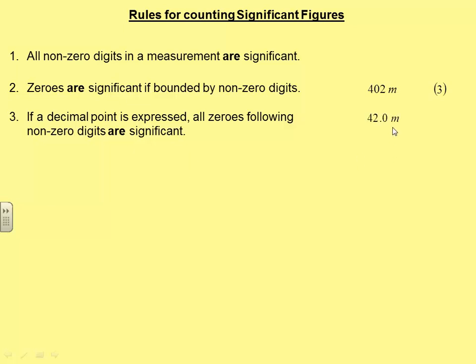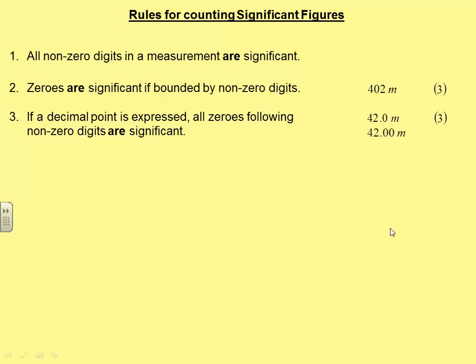So 42.0 meters. Well, obviously the 4 and the 2 count because they're not zeros. So does this 0 count? Well, according to this rule, there is a decimal point, and this 0 follows the last non-zero digit. So it counts. So there are 3 sig figs in this measurement, and this measurement is precise to the nearest tenth of a meter. So maybe we were using a piece of string that was 1 meter long, so we could estimate to the nearest tenth of the meter.